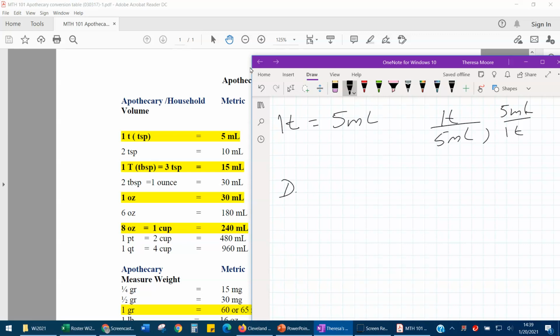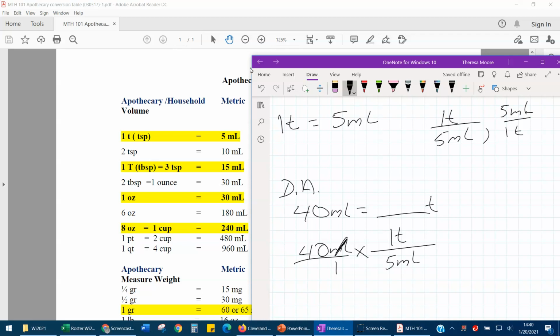So with the dimensional analysis method, say we have 40 milliliters and we want to know how many teaspoons that is. We're going to take our 40 milliliters, place it over 1, and multiply by the conversion factor that has teaspoon on the top, because that's what we are converting to.